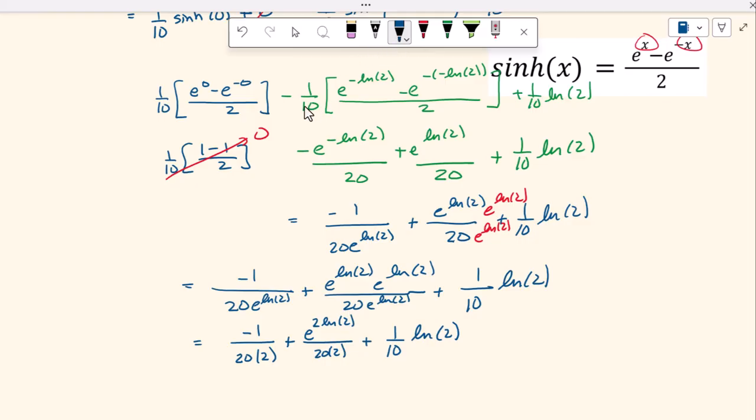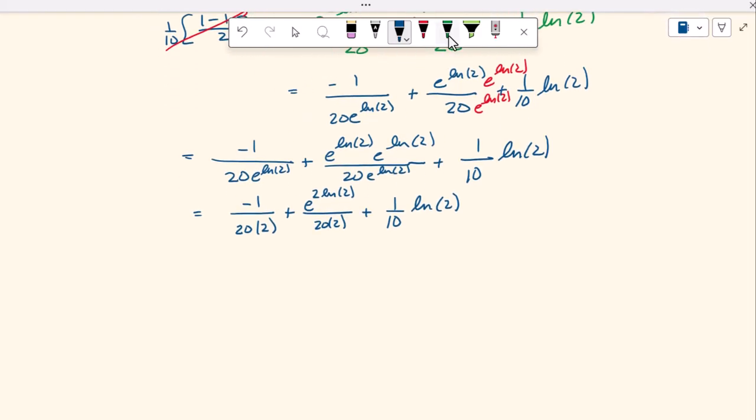Okay, now that 2 that's in front of the ln can pop up top. So here I'm left with negative 1 over 40 plus e to the ln of 4, because 2 squared is 4, all over 40 plus 1/10 ln of 2.